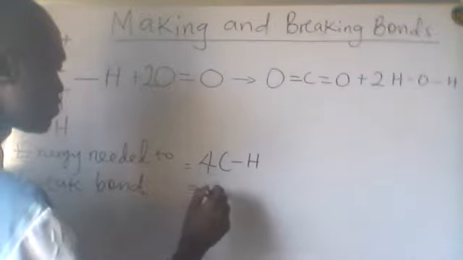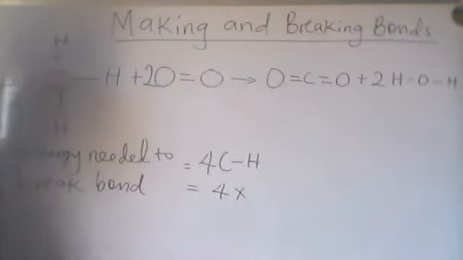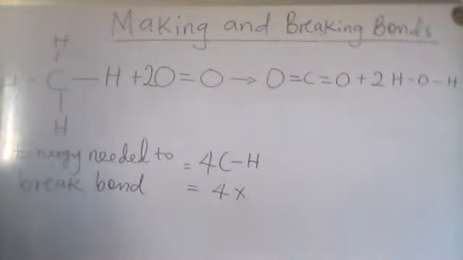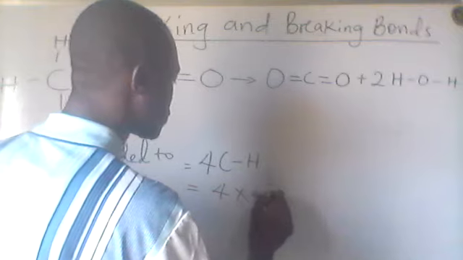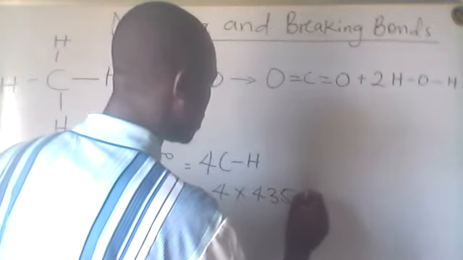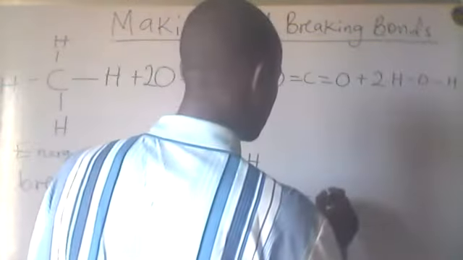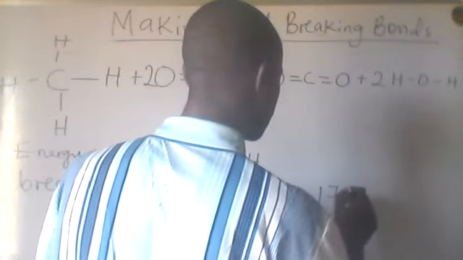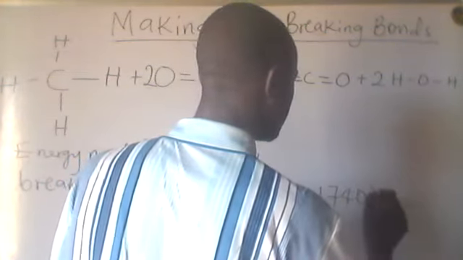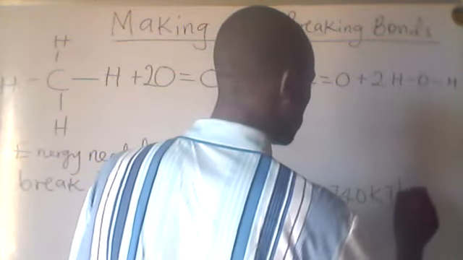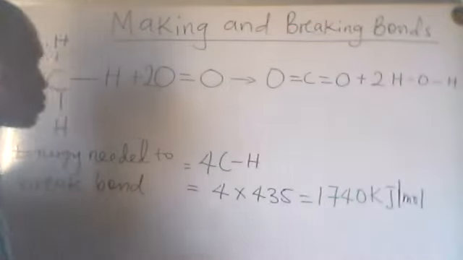And the value is 4 times 435. If you press your calculator, this is going to give you 1740 kilojoule per mole. Okay.